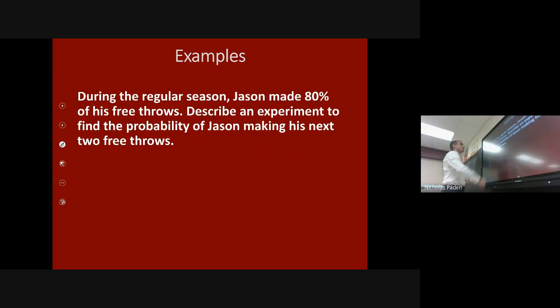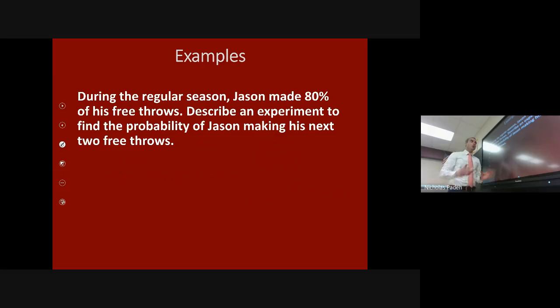And I want you to answer this last question. Okay, so there's an 80% chance that he makes his free throws, which means there's a 20% chance that he does not.